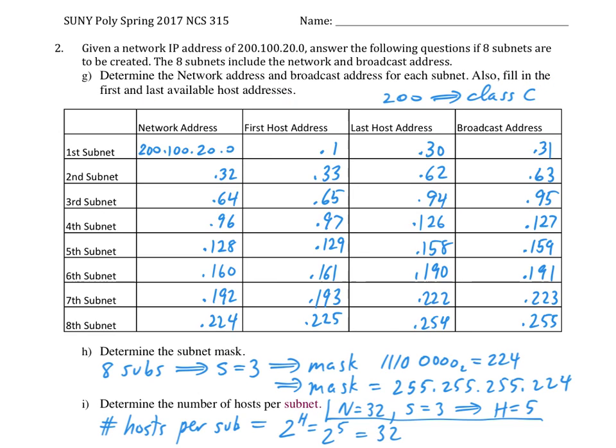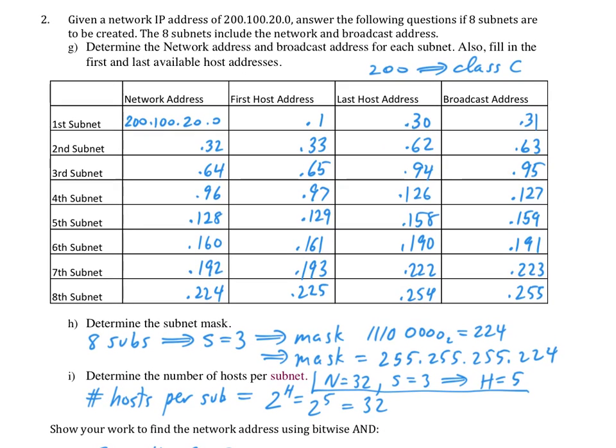The fact that it starts with a 200 tells us that it's a Class C network, and the calculations go like this. What you do is you say, look, if it's a Class C, then N is equal to 32. And if we're dividing this into 8 subnets, then it takes 3 S bits to do that, because 2 to the third is 8.